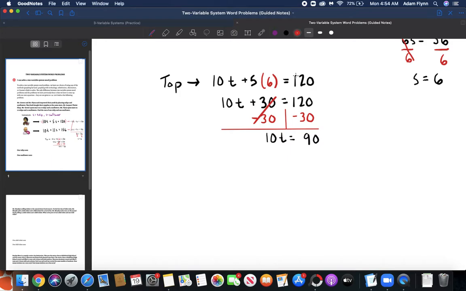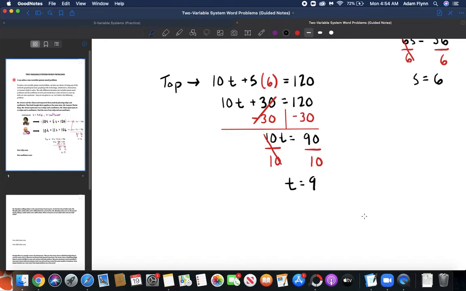So now I can divide both sides by 10. They cancel on the left side, and on the right side, I've got 90 divided by 10, so t is going to be positive 9.